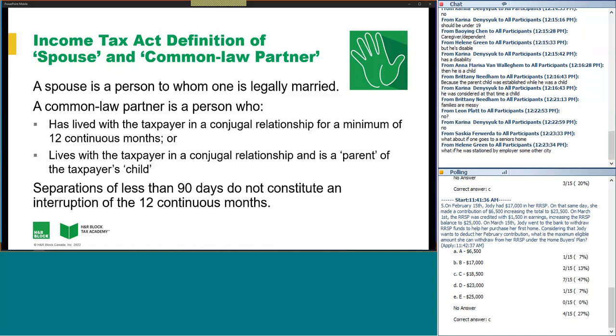And Helene, if he was stationed by an employer in some other city and it's not a breakdown of the relationship, as long as it's clear that the intention is not a breakdown of the relationship, then that's what we need to go by. Okay, so if the relationship is still solid and you moved in, then technically you're still common law partners.